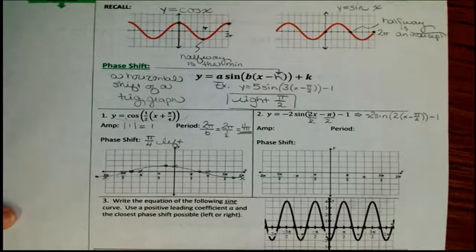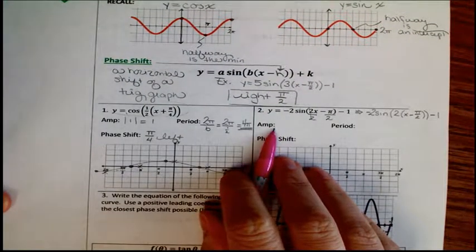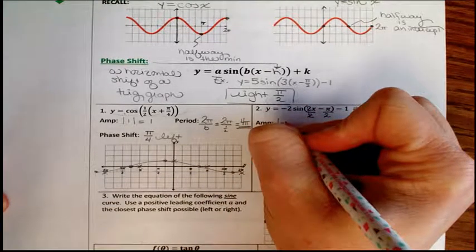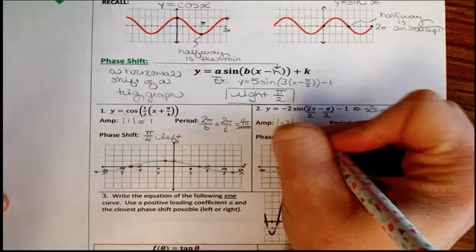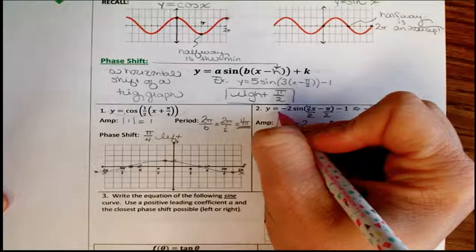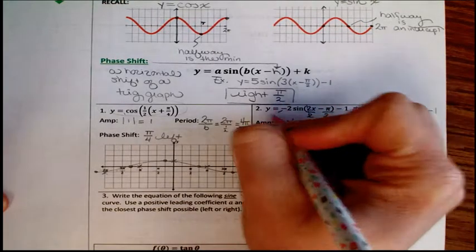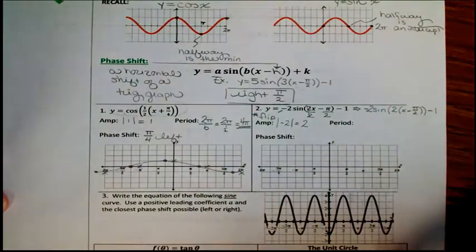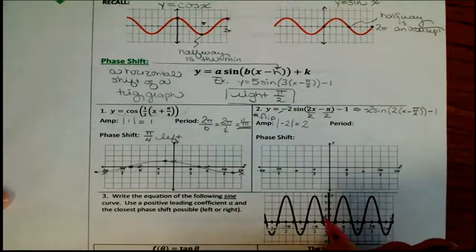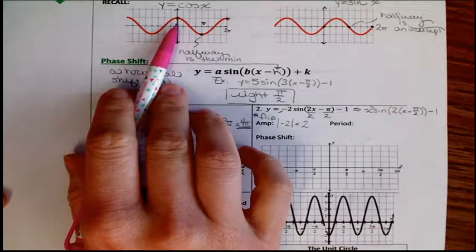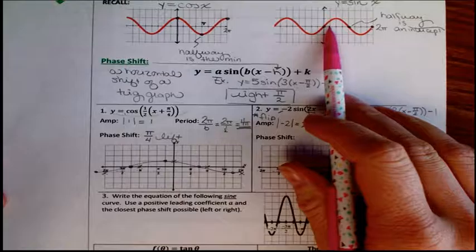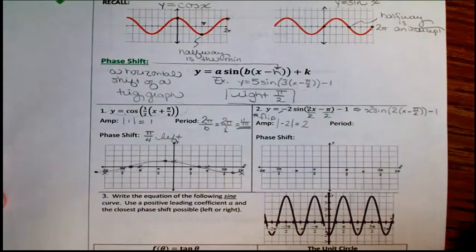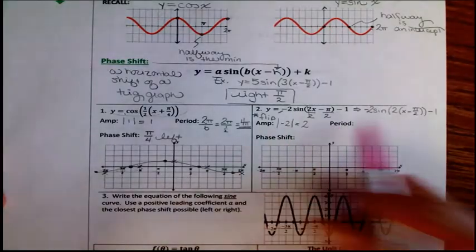All right, so let's begin to answer some of these questions here. Amplitude: our amplitude is the absolute value of -2, which is 2. I do know that this negative is going to make my graph flip, though. I'm going to put a little asterisk here so I don't forget that. So it's not going to look like crest trough, it's going to look like trough crest. Okay? Let's look here at our period.